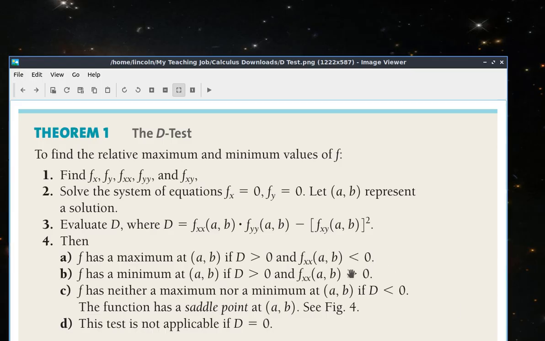So when D is greater than 0 and fxx is less than 0, you have a maximum point there.